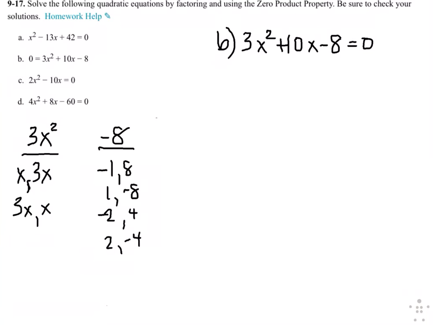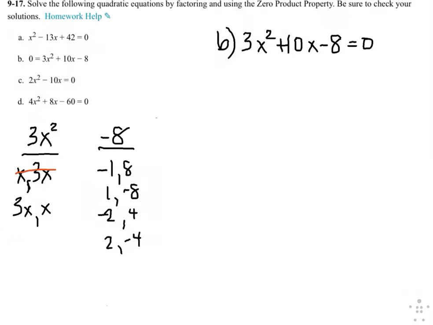So the first one we have 8 minus 3, that doesn't work. The second one we have negative 8 and 3, that doesn't work. Then we have 4 and negative 6, that doesn't work. Then we have negative 4 and 6, that doesn't work. Okay, so we ruled out this one.